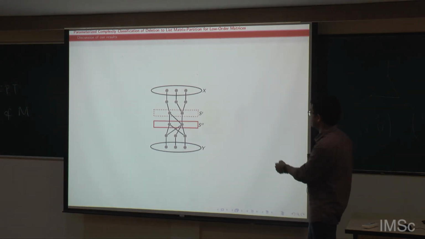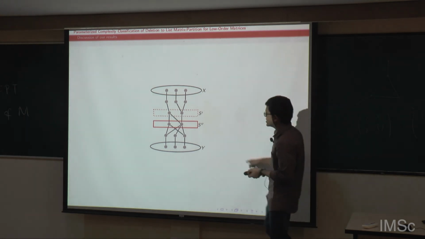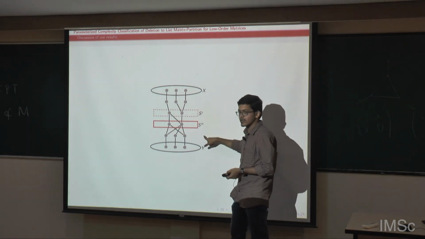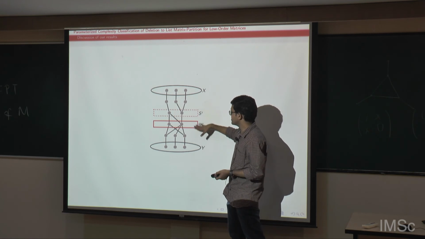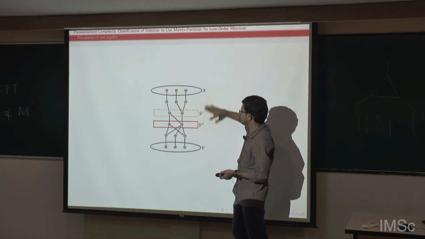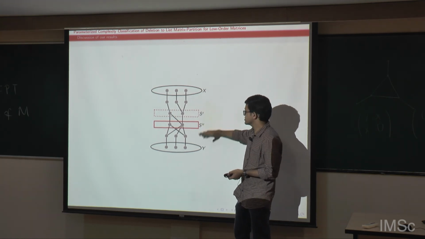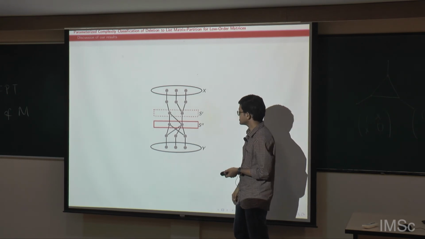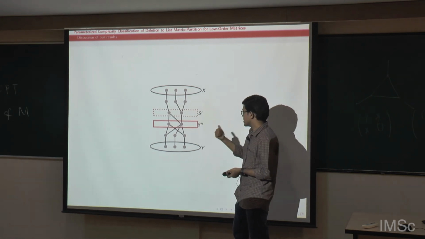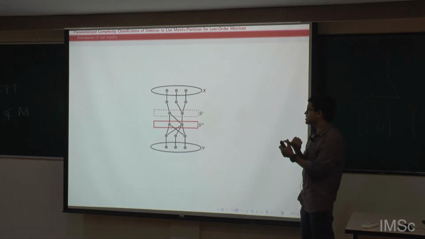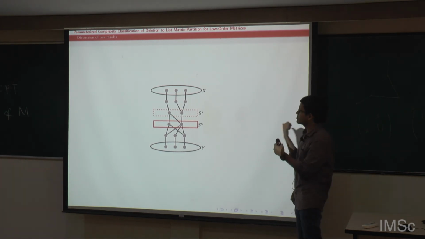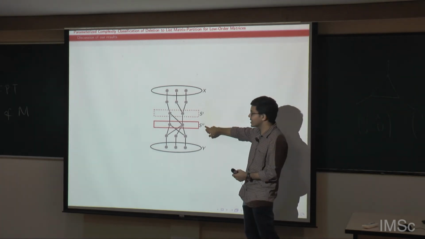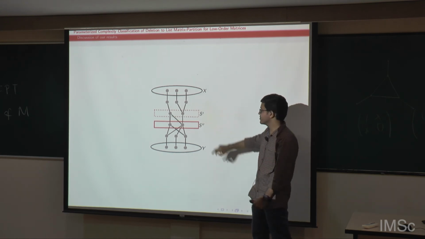The thing is that, as you can see, there is another XY separator, let's call it S double prime, that is a little further away from X than S prime is. So what are the properties that S double prime has but S prime doesn't have?